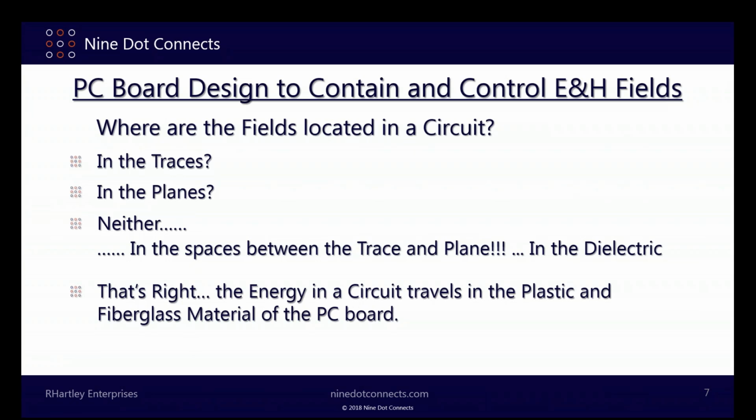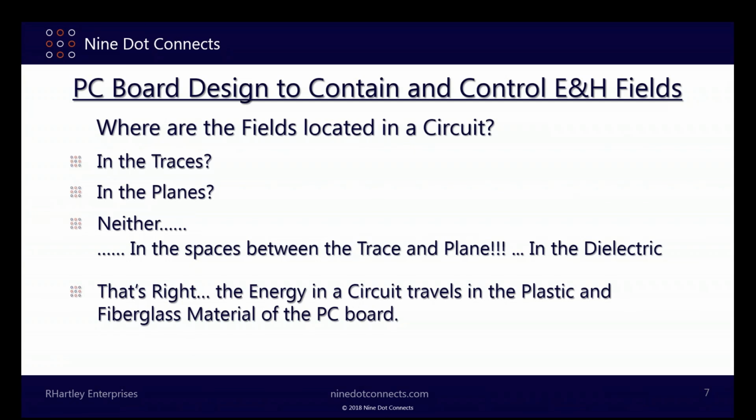The energy in a circuit is all in the fields, and the fields are all in the dielectric space between the copper features. And that's something that is really important to understand if you expect to control and contain fields, and most of all, keep fields from one circuit from interfering with fields of another circuit.